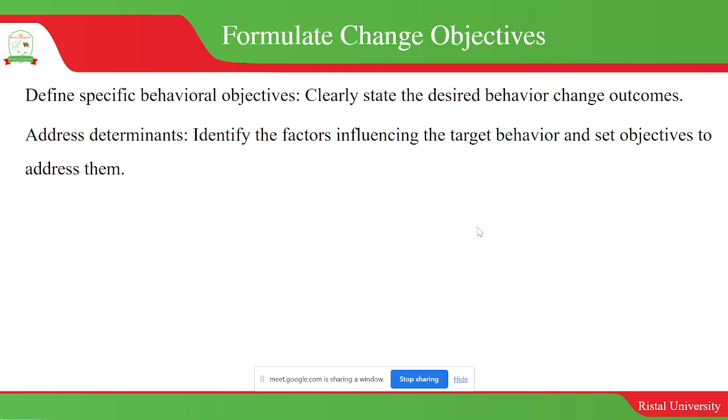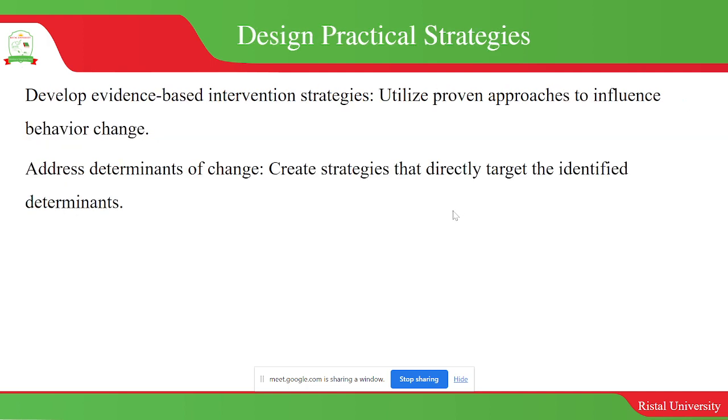And then now choose the objectives for the behavior change that you want. Okay, that means that you need to identify the factors that influence the target behavior and set the objectives to address them. And then set the strategies.